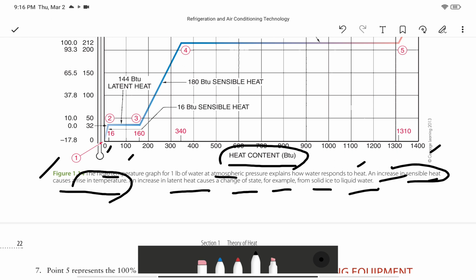But if you add latent heat, the temperature remains the same, but the phase of the water changes, for example, from ice to a liquid, or from a liquid to a vapor or gas. Okay, from here, we have your point one.